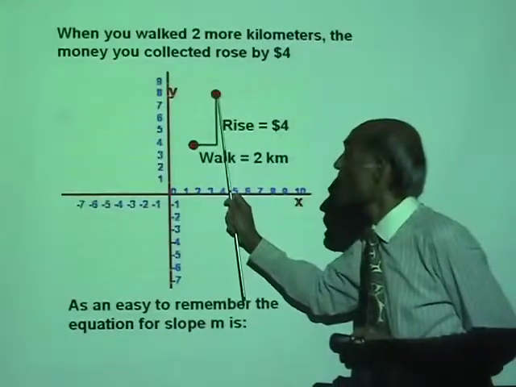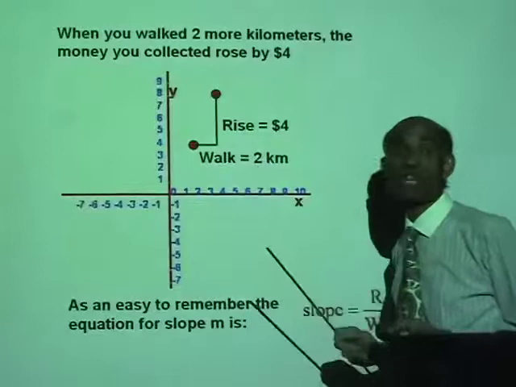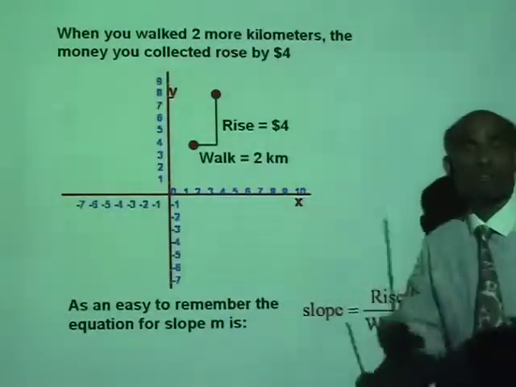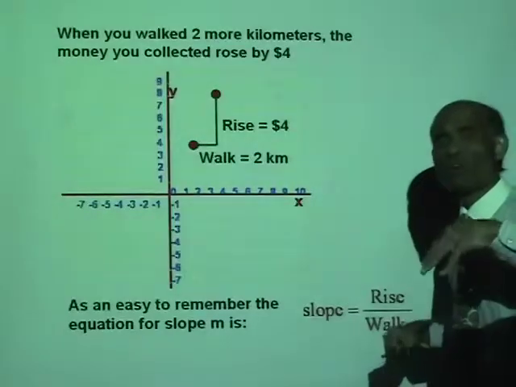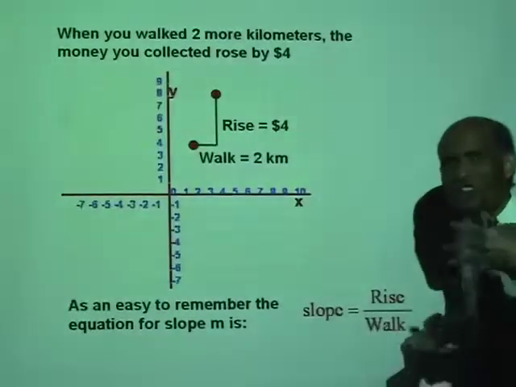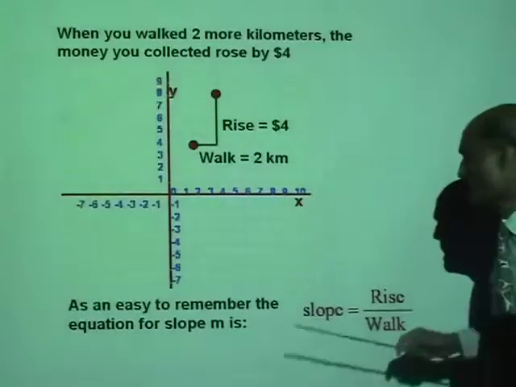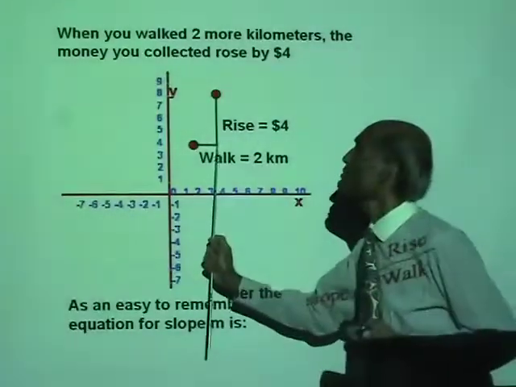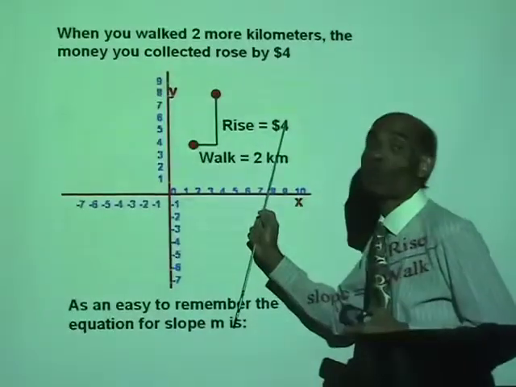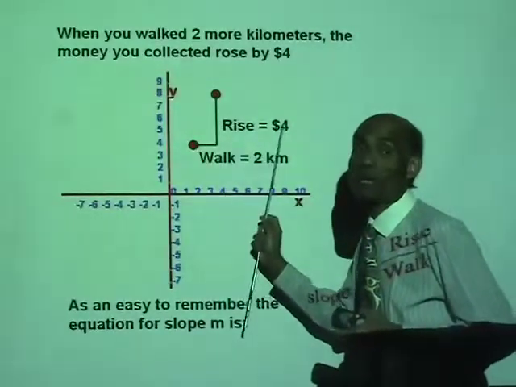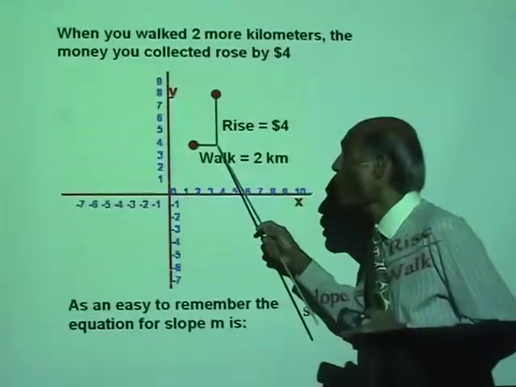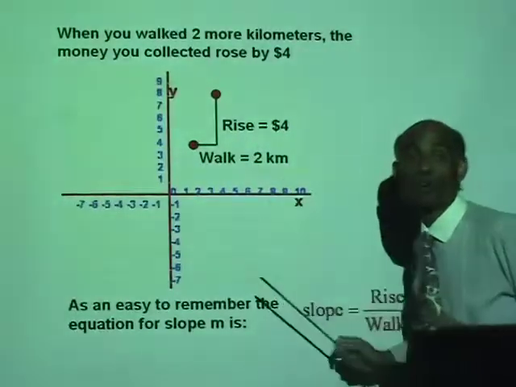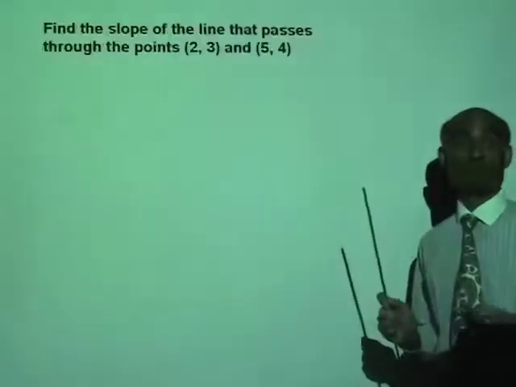The change in the output divided by the change in the input. We can use this as a form of equation that can be easily remembered. Slope is rise divided by walk. How much did the money rise? $4. And the money rose when you walked 2 more kilometers. Rise divided by walk is slope.